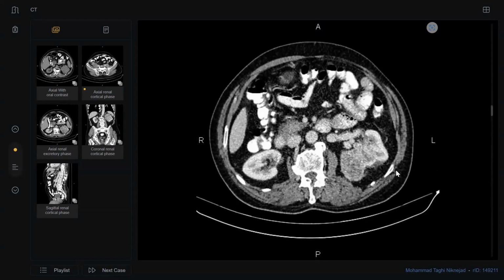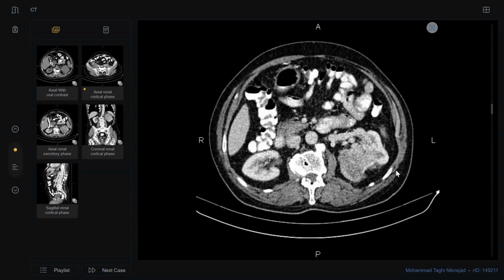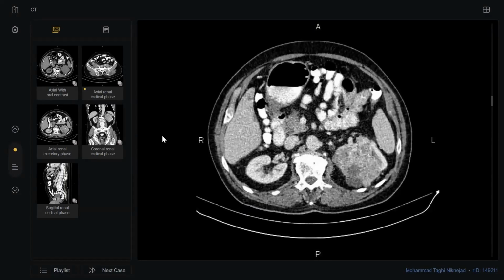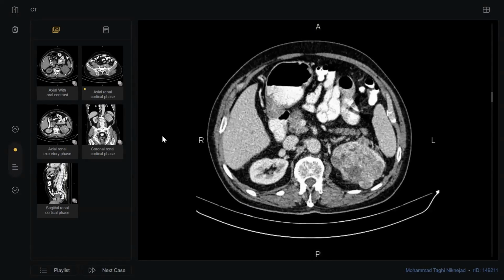Do you think this patient could be a double pathology? Come again, sir. Do you think this patient may be a double pathology? Can you repeat, sir? I didn't hear. What is the other pathology other than the renal mass? I didn't get you, sir.